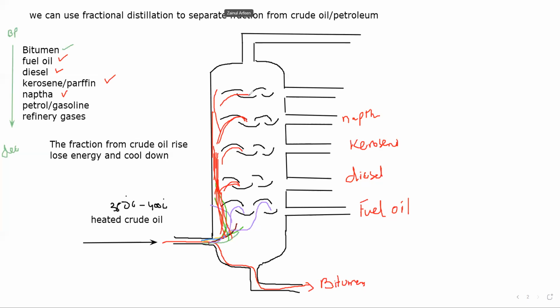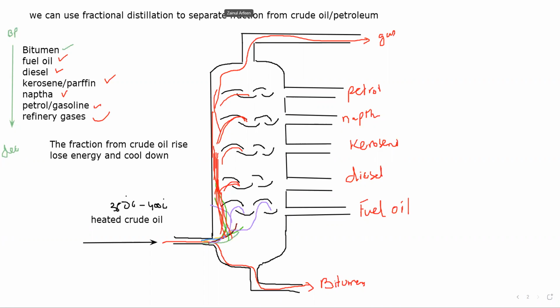After naphtha, it will be petrol or gasoline. And the remaining gases escape from the furnace in the gas state. They are not able to condense because the temperature is still higher than their boiling point, so they remain in a gaseous state. These gases normally consist of propane and butane. So this is how we separate the fractions from the crude oil.